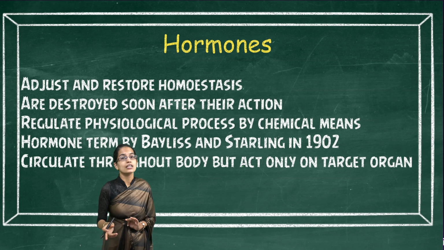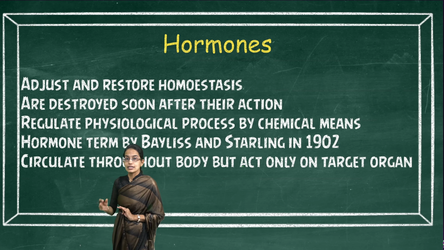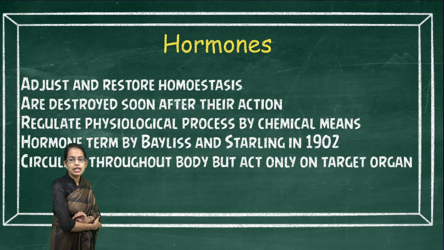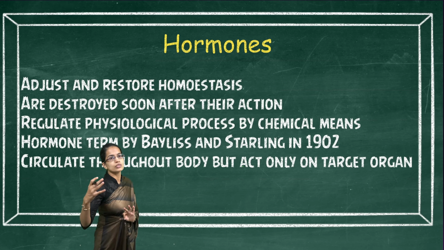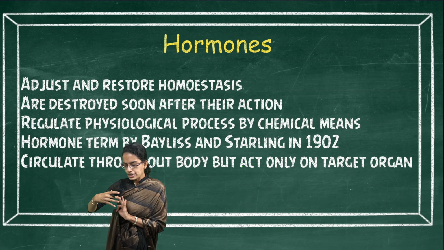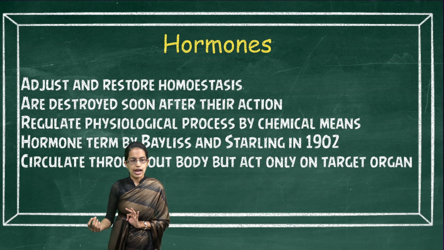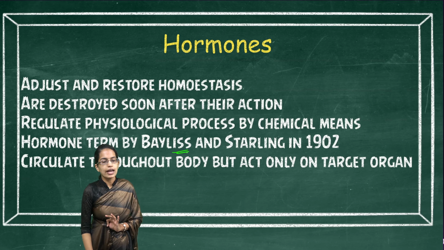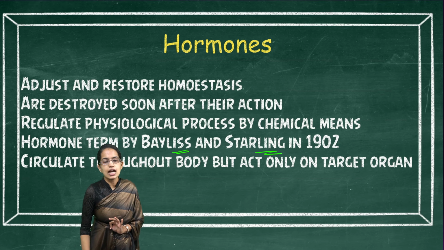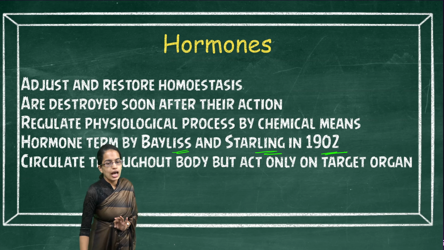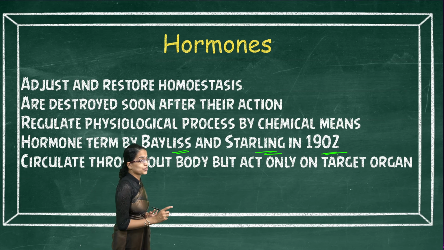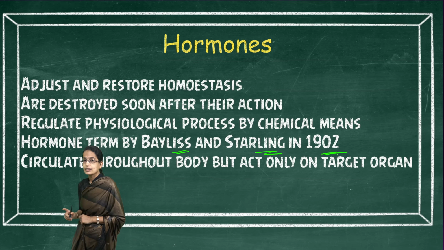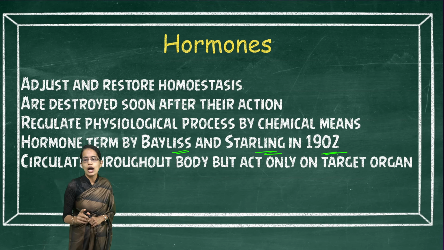So as we said, in endocrine glands, understanding the element of chemicals is very important. Hormones basically bind and trigger certain cellular activity. The term hormone was first discovered by Bayliss and Starling in 1902, and as mentioned, they affect only target organs, but they circulate throughout the body.